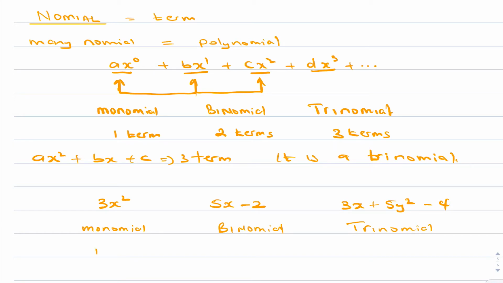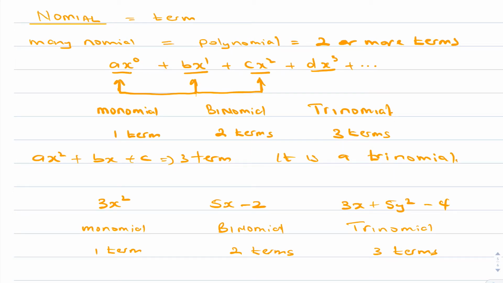And this is 1 term, 2 terms, and 3 terms. If you have 2 or more terms, it's called a polynomial.